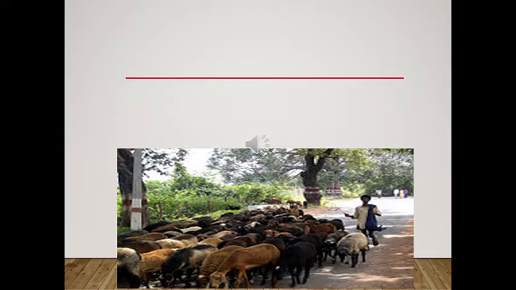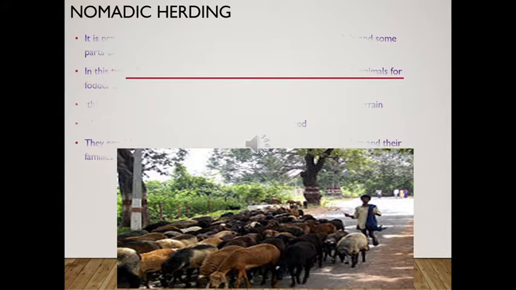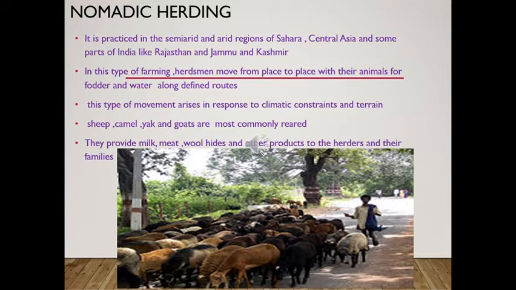Nomadic herding. Herdsmen move from place to place. They move in defined routes with their animals for fodder and water. This is due to seasonal changes and terrain.